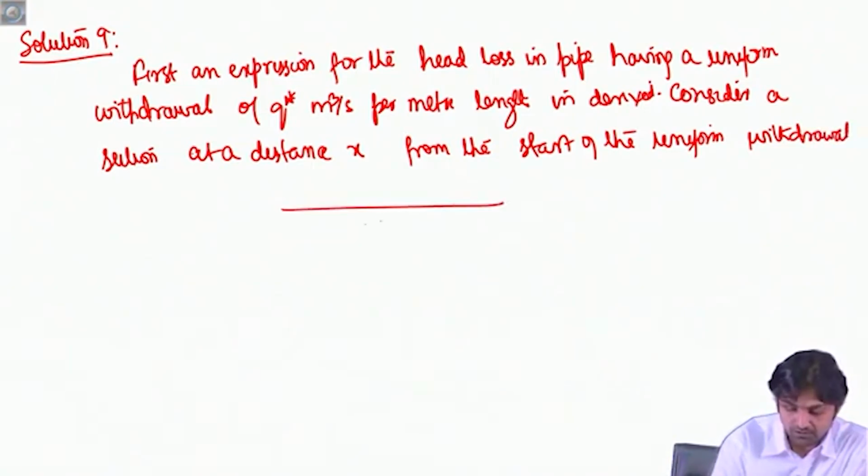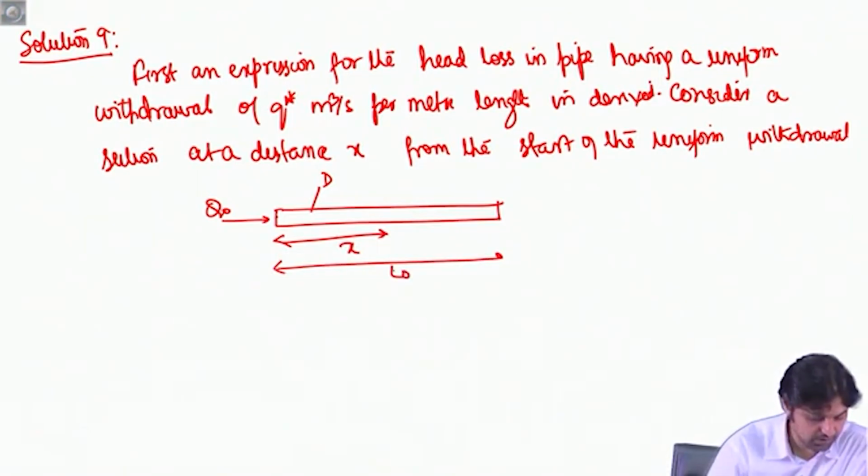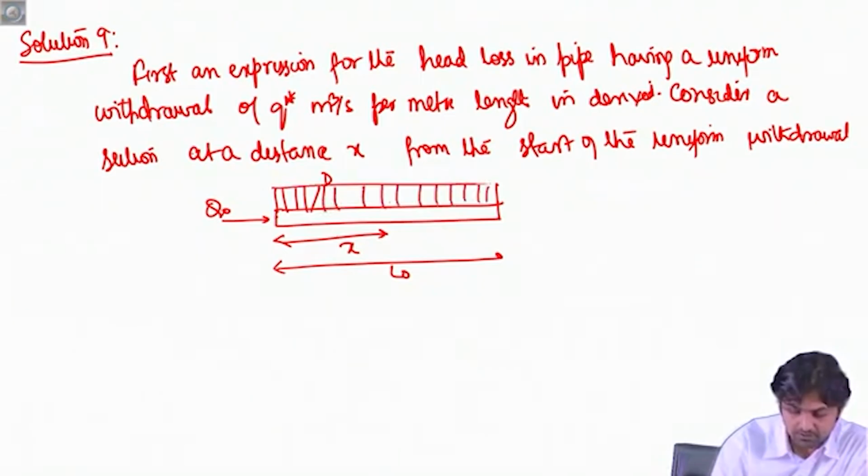So, this is a pipe, this diameter is d and we have Q naught, and from here we assume a distance x, and this distance is L naught. All right, and the withdrawal is uniform, that is Q star. So, discharge at x will be Q naught minus Q star into x, right.